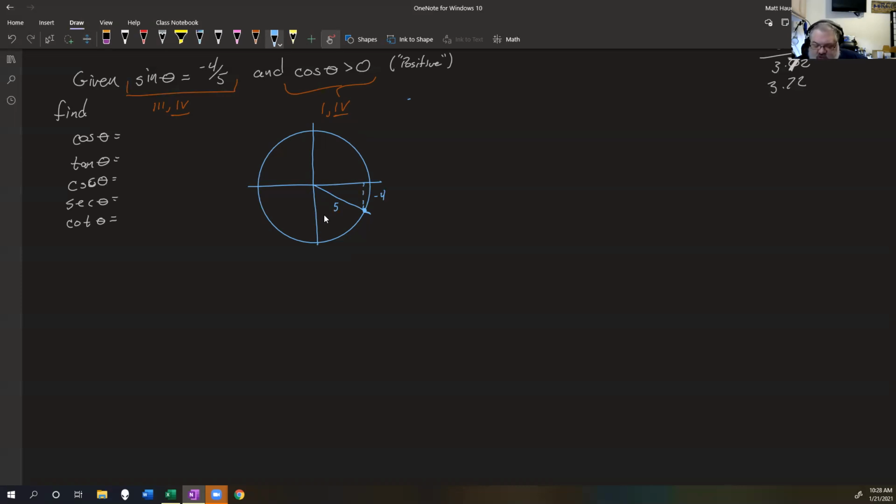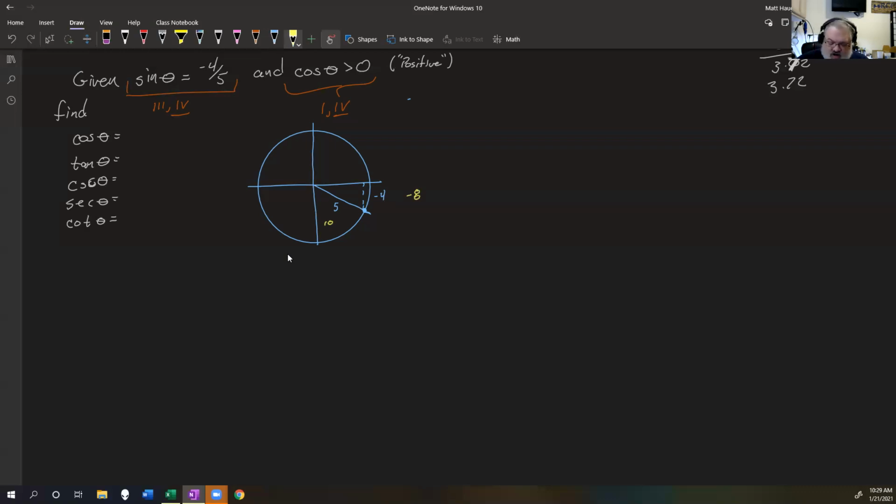We know the ratio between the y and the r, or opposite and hypotenuse, if you want to imagine it from the perspective of that little triangle. Now, frankly, it doesn't have to be the lengths -4 and 5. It could be anything with that same ratio. So this could be, say, -8, and that could be 10. It has the same ratio.